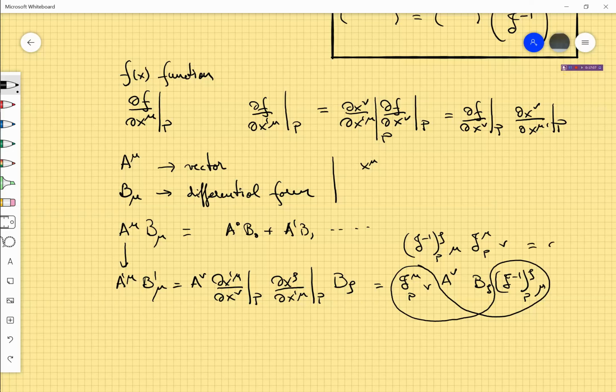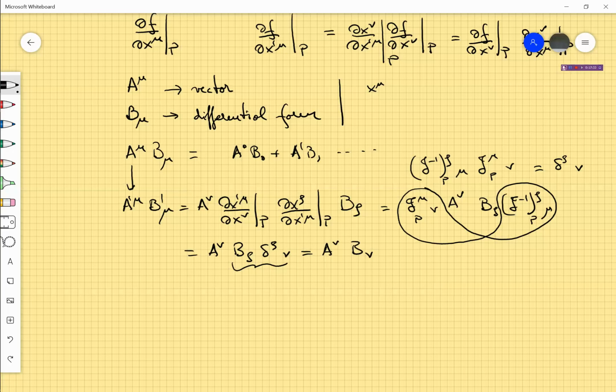This by definition of inverse gives you delta rho nu, and if this gives you delta rho nu, a nu b rho delta rho nu, anything multiplied by delta is just the same object but with this new index nu. So what you find is that the expression, this is an invariant. It takes exactly the same value. Invariant and scalar is the same thing.